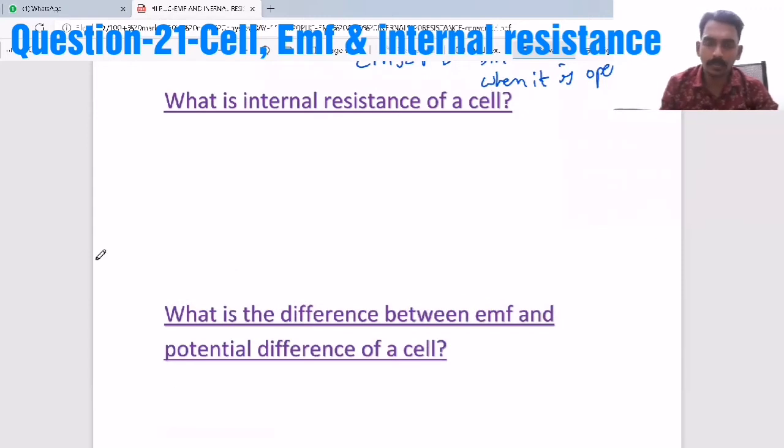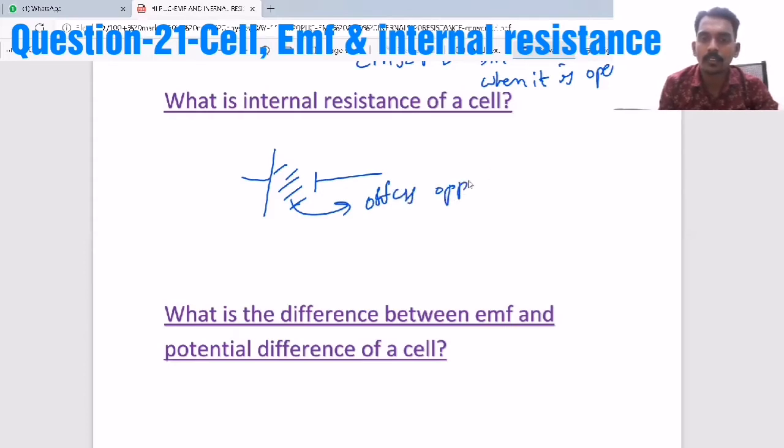And between the terminals of the cell, whatever medium is there, that material offers opposition to current flow or charge flow, and that we call internal resistance.